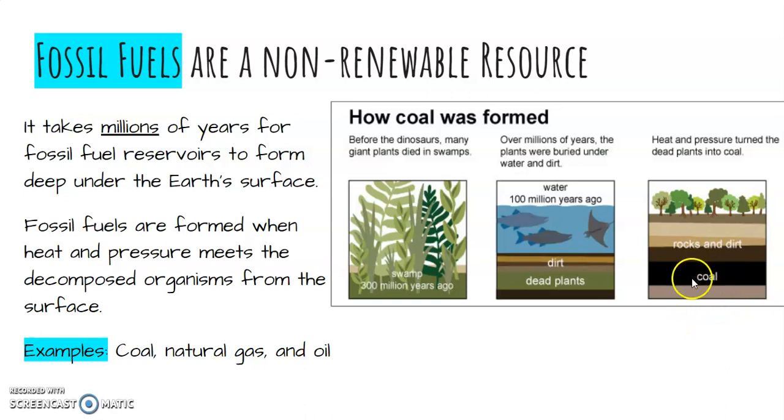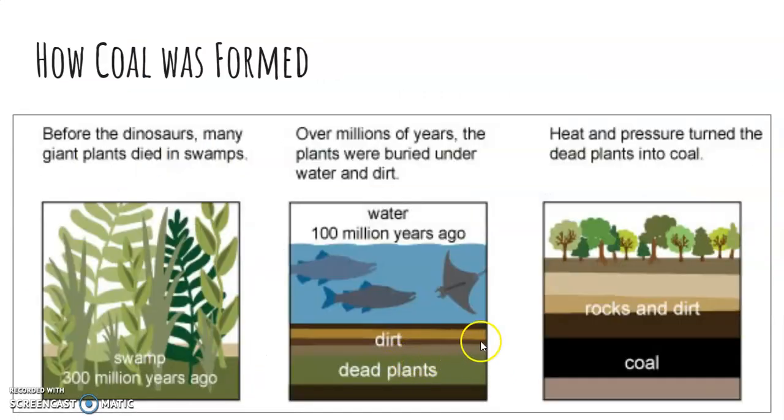And then that reaction that's happening allows coal, natural gas, and oil to form deep below the Earth's surface. It's still in the Earth's crust, but it's very deep below the surface. So this takes millions of years.